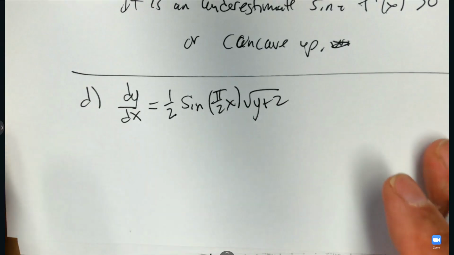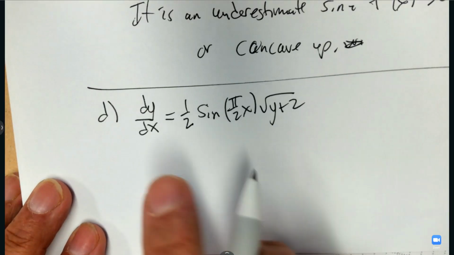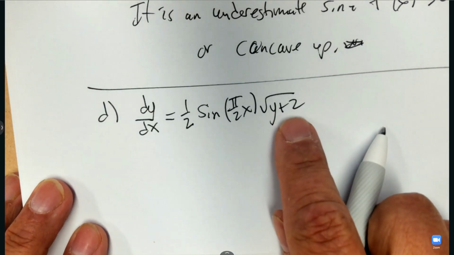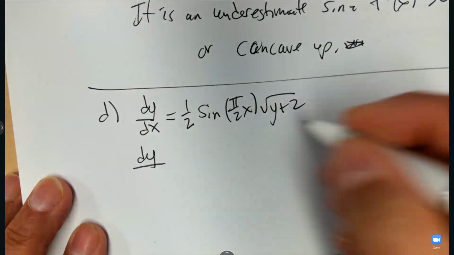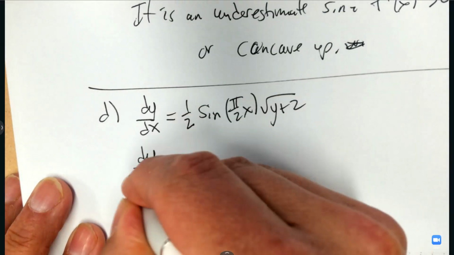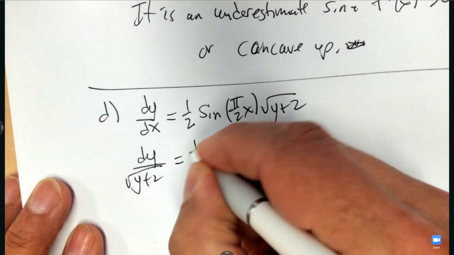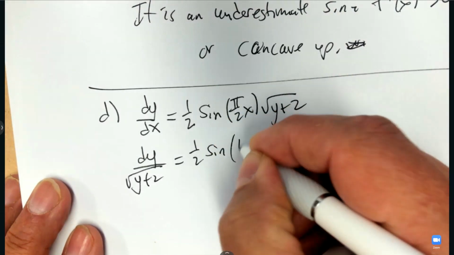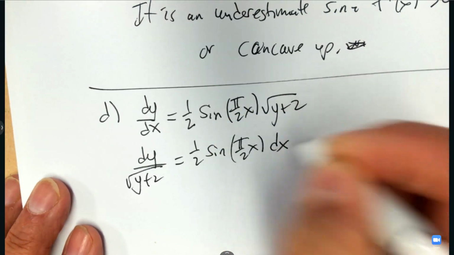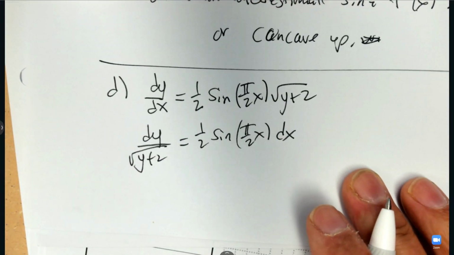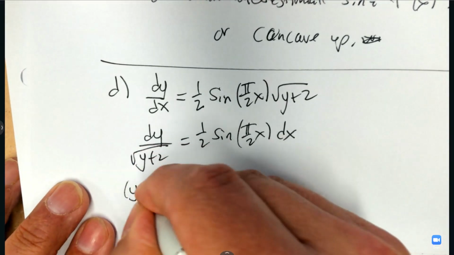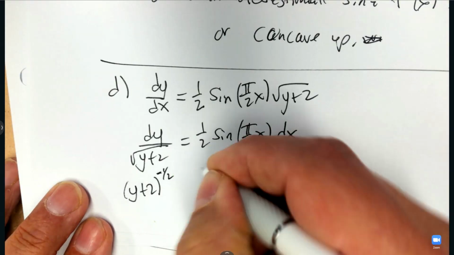All right, so we're not going to be intimidated by this. So we're going to first separate the variables. So I'm going to divide by the square root of y plus 2, and I'm going to multiply by dx. There's step 1. If we can separate the variables, you get a point. Now I'm going to write it friendly. So this is y plus 2 to the exponent negative a half.